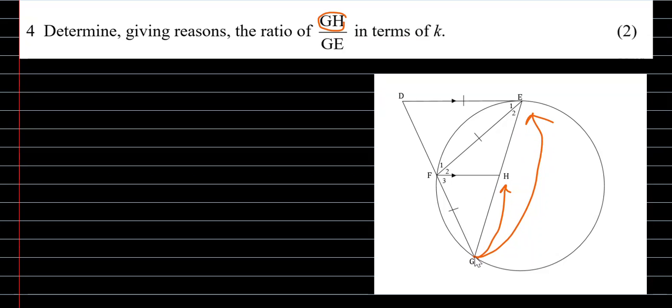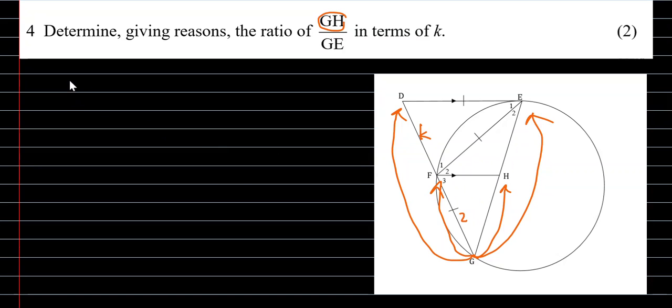This reminds us of the proportionality theorem. Since this line is parallel to this one, the proportionality theorem applies. Here we were given that is 2, then here we were given that is k. So the ratio of this side is equal to the ratio of this side.